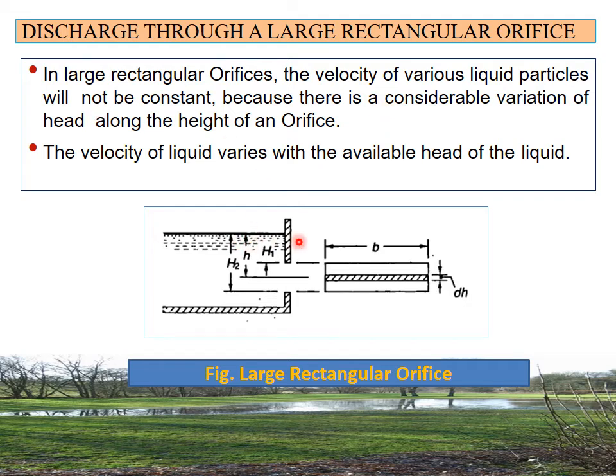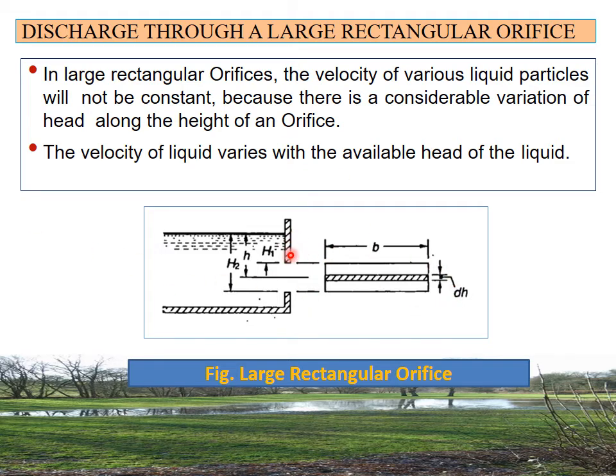In the large orifice, velocity variation will be there based upon the available head, so we have to take it into account. I am taking a large rectangular orifice in this diagram.